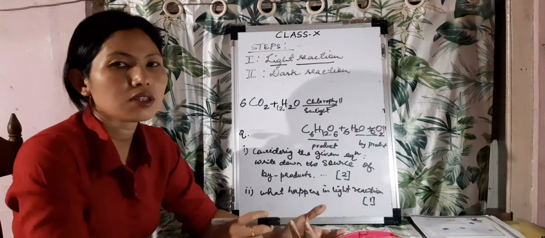Our second byproduct is water, and water is the result of dark reaction, or you can write the process as carboxylation.